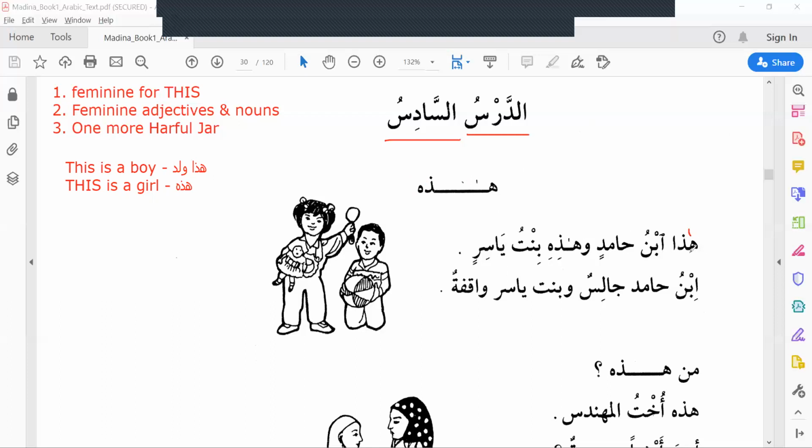Same here. Hada ibnu Hamidin. You see here, ibnu is hamzatul wasl, so we should not read it as hada ibnu Hamidin, we read it connected. This is Hamid's son.